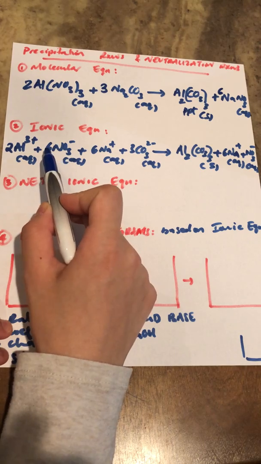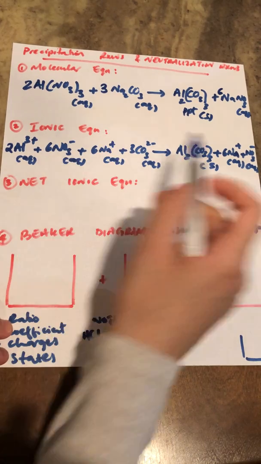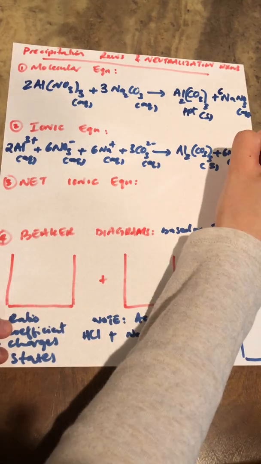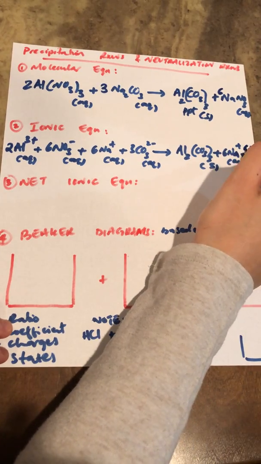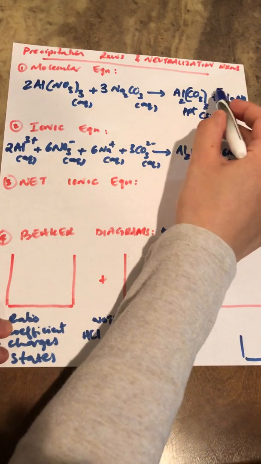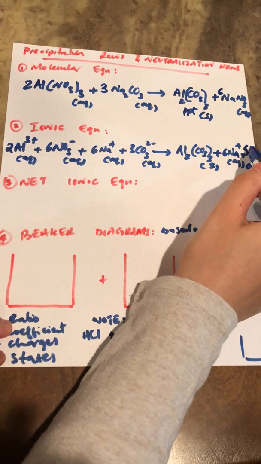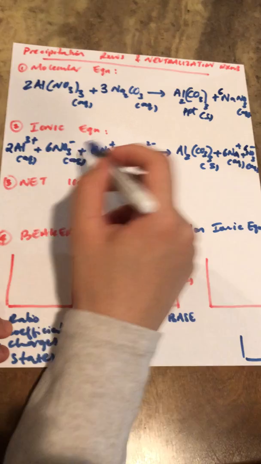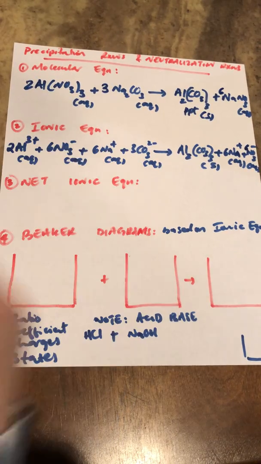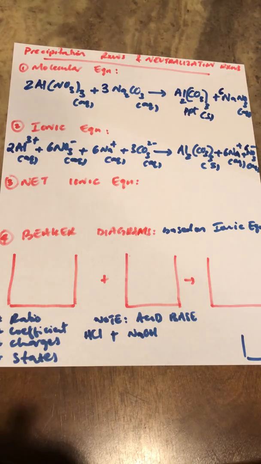But over here we have 6 NO3 minuses, and over here, oops, I forgot the 6, because the 6 actually comes from over here. This 6 actually belongs to the sodium and the nitrate. Now, we need to actually cancel the 6 NO3 minus on both sides.